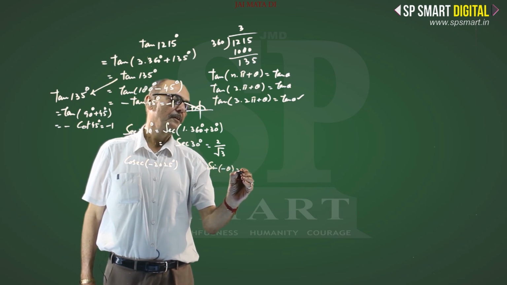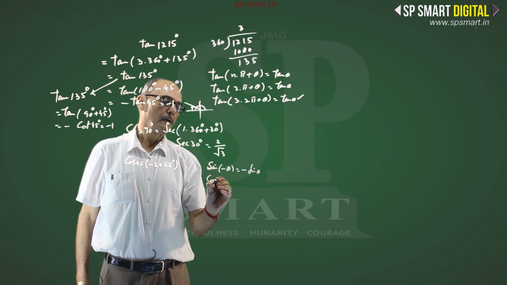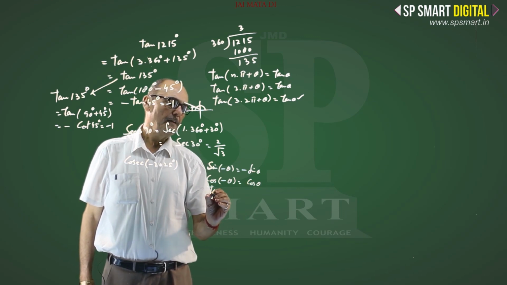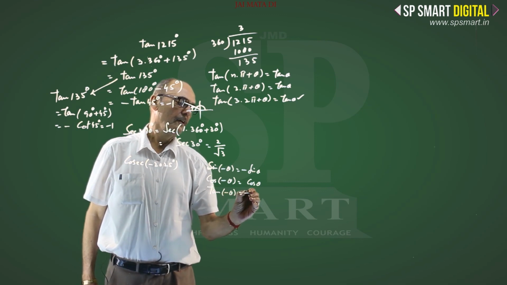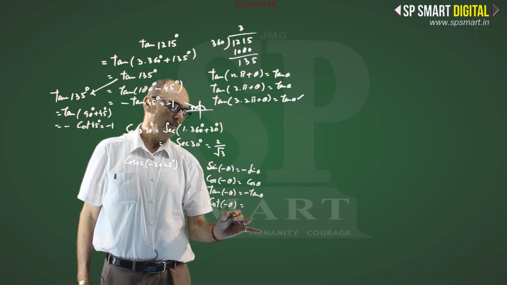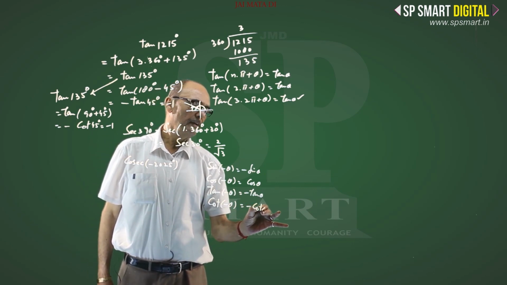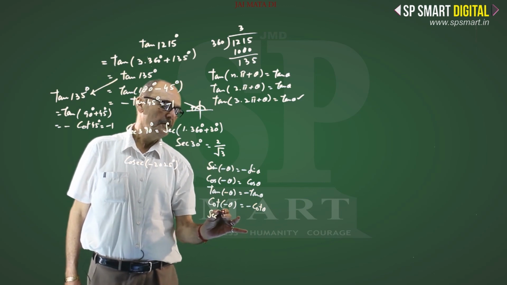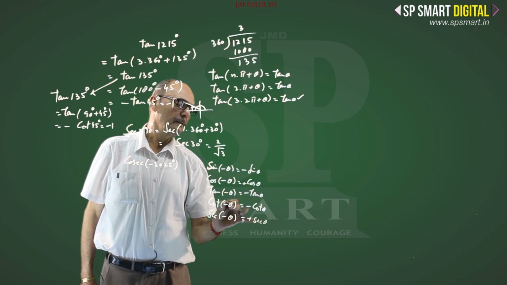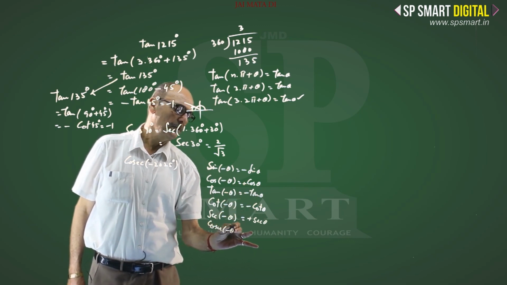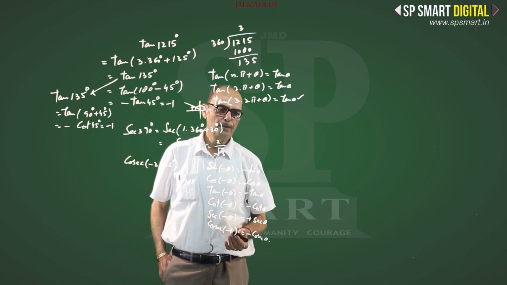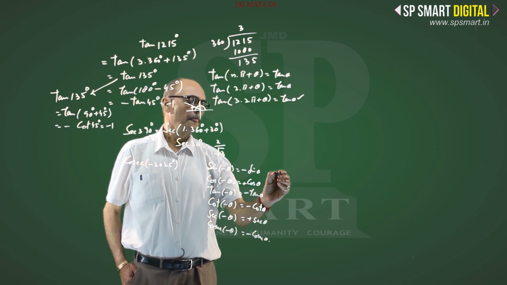Sine of minus theta is minus sine theta, cos of minus theta is equal to plus cos of theta, tan of minus theta is minus tan of theta, cot of minus theta is minus cot of theta, secant of minus theta is plus secant of theta, this is also plus, and finally cosec of minus theta is minus cosec of theta.